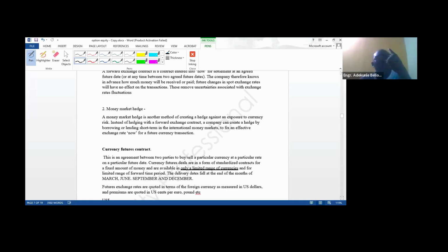If you are making payment in foreign currency, that will represent a foreign liability. To hedge using money markets, we are going to create an equivalent foreign asset.